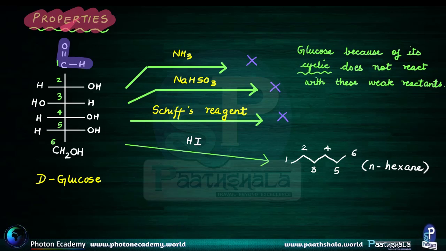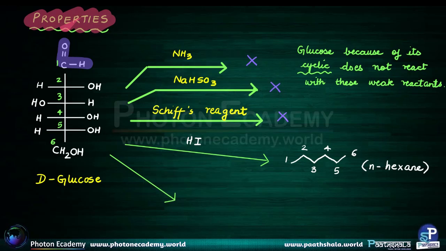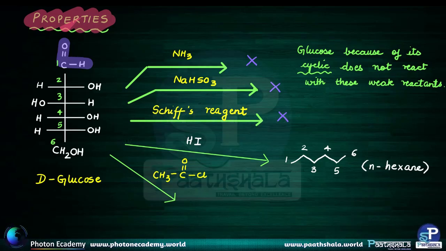Now, moving on to the next reaction that it shows. Glucose is reacting with CH3COCl. What is this? This is nothing but acetyl chloride, and we know that acetyl chloride on reaction with alcohols tells us the amount of OH present. How is that?